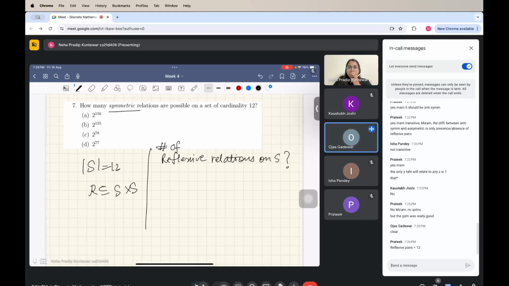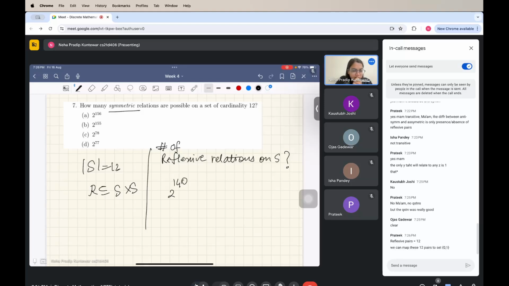Ma'am, 2 raised to the power 140. 140. Okay. Anybody else? You are close, but the answer that I have in mind is slightly different from that. Anybody else?